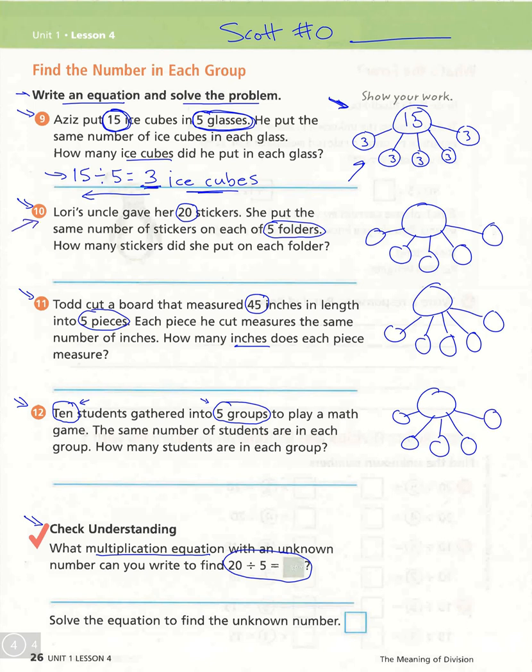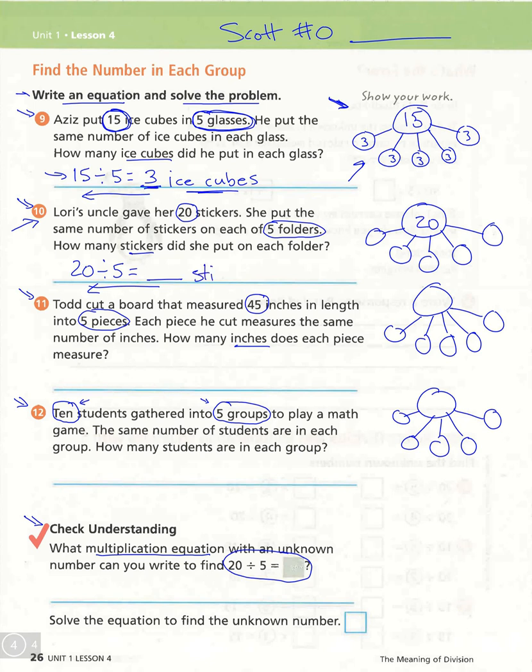So here we go. Let's look at number 10. Lori's uncle gave her 20 stickers, and she put the same number of stickers on each of 5 folders. So she started with 20, and then we have that. So she went 20 divided into 5 folders equals what? And again, really quickly, nobody thinks division. We think backwards like that, right? And what are we counting here? Stickers.